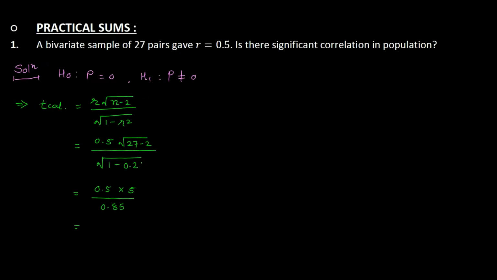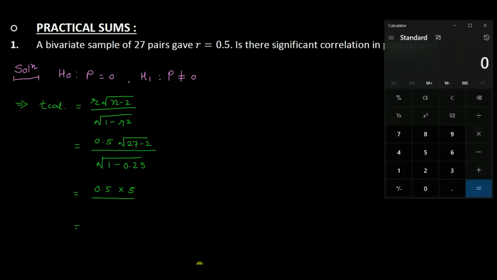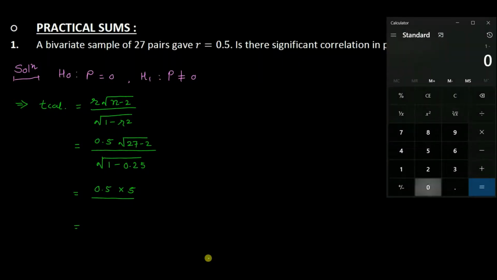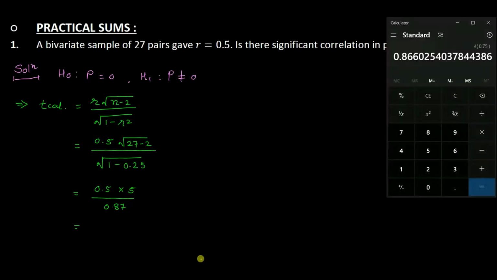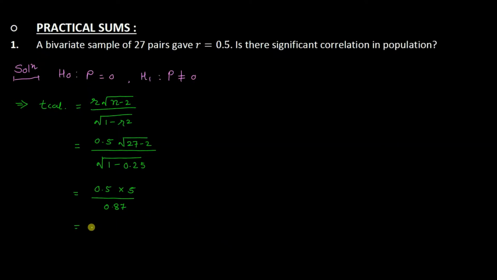Actually here we have to put 0.25, and 1 minus 0.25 becomes 0.75, and its under root is 0.87. Now 0.5 into 5 is 2.5, divided by 0.87. It gives us 2.87. 2.87 is t calculated value.